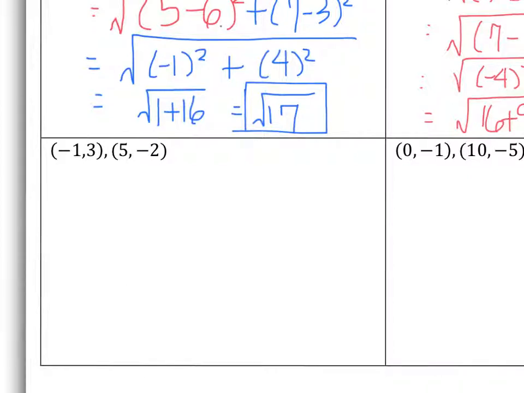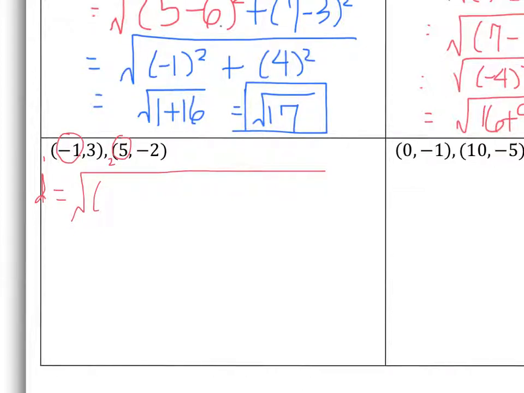Okay, here we have another 2 points, and let this be the first point and the second point. Distance. I won't write the formula anymore, so I know I have to take the horizontal change first.